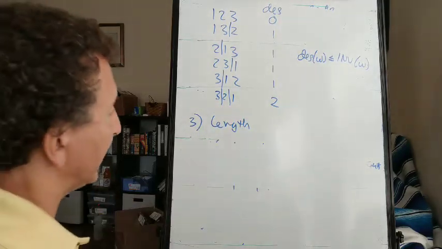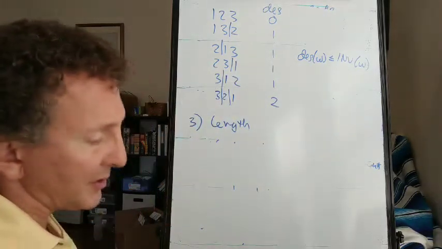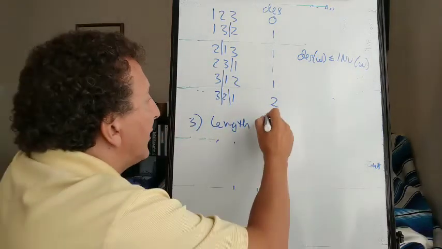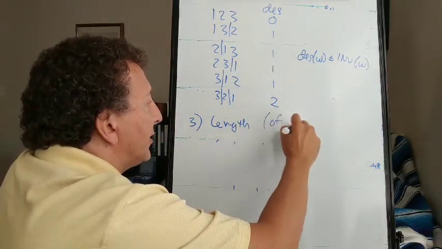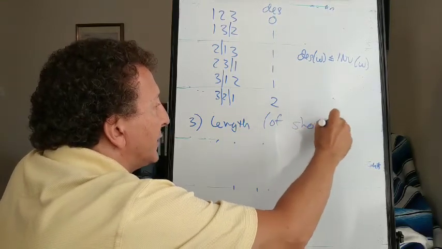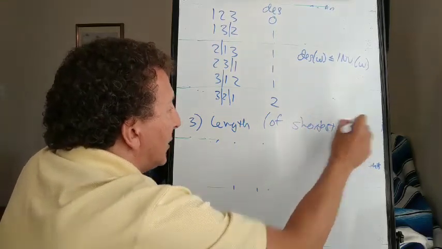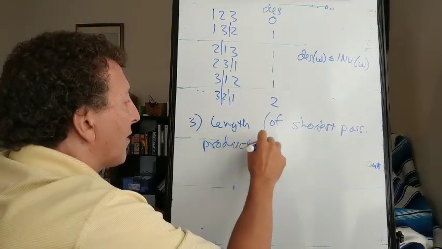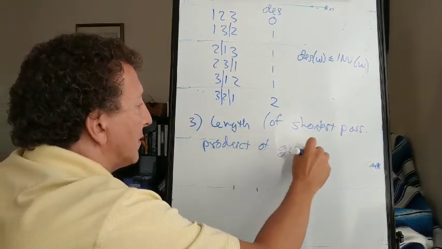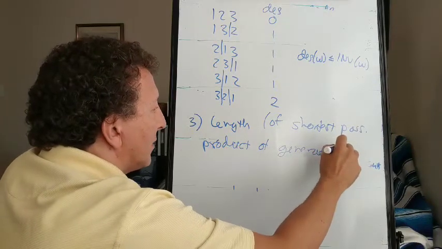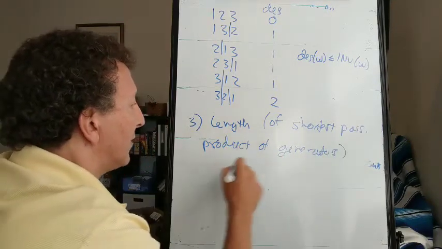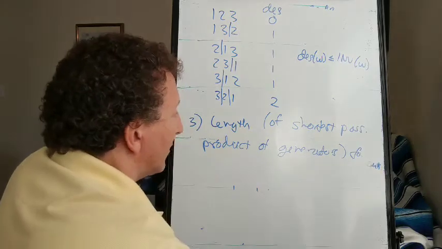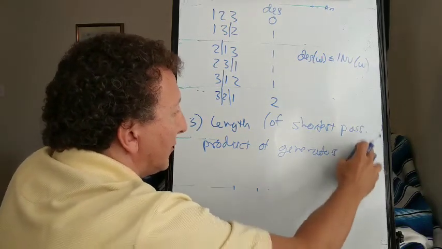Another way of measuring how out of order a permutation is, is the length of the shortest possible product of generators for the permutation.